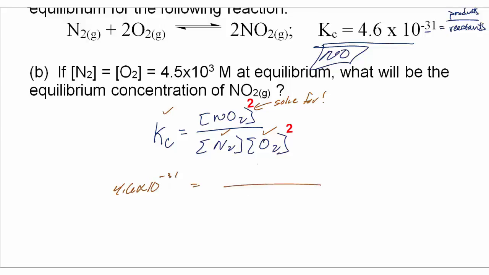That has to equal NO2, which is what we're trying to solve for, divided by nitrogen, which is 4.5 times 10 to the third, divided by oxygen. I forgot to square it, right? Because that should be a 2 there. So it has to be oxygen squared, 4.5 times 10 to the third, but squared. So solve for NO2.